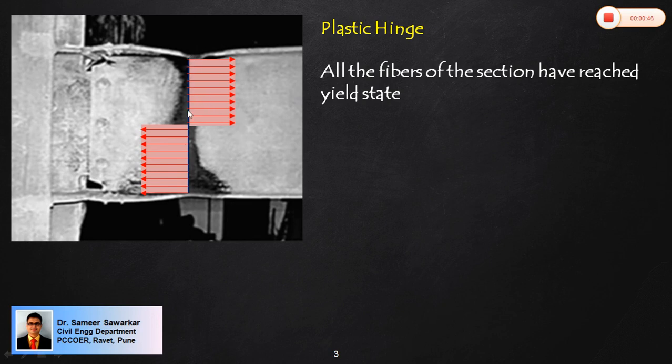If at this point the connection is fixed, and we imagine there is hogging bending moment, all the upper fibers have reached tensile yield stress, all the lower fibers have reached compressive yield stress, and because of that the plastic hinge is formed over the entire section.